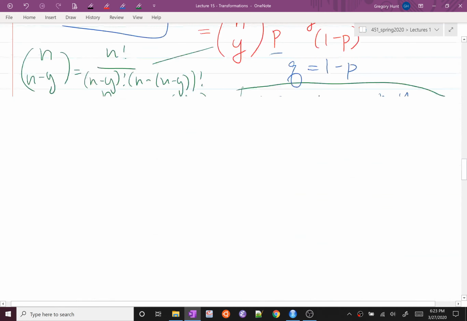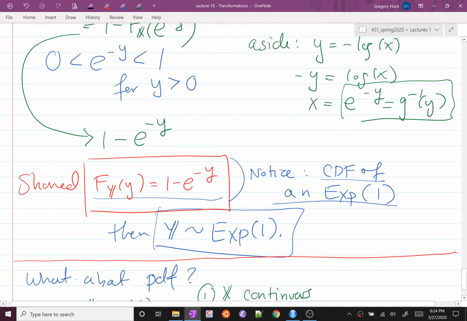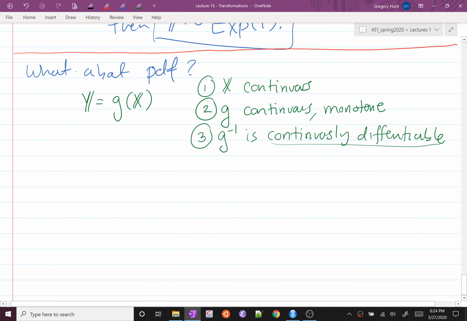In the continuous case, things are more complicated, and there are a couple conditions on our theorem. So x is continuous, the function is continuous and monotone, either increasing or decreasing, and its inverse is not only continuous, but continuously differentiable. Its first derivative is continuous. If those things are true, then we have a general theorem that we can apply.